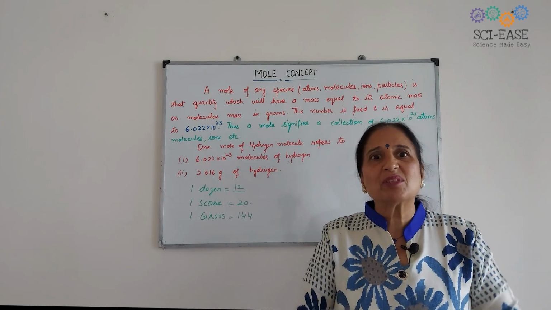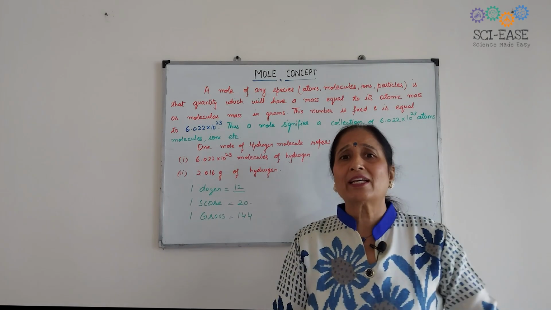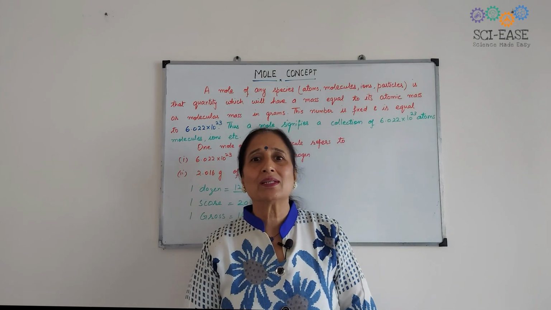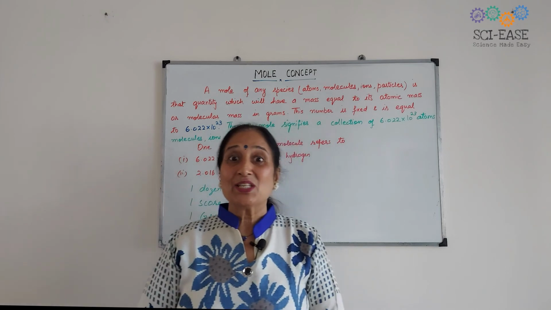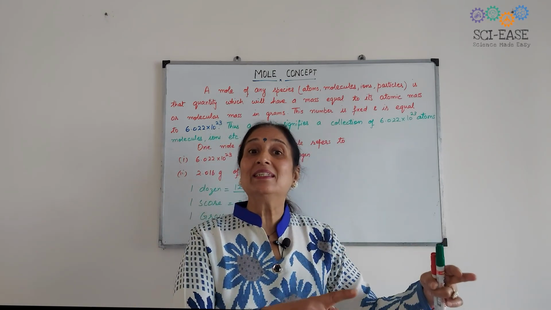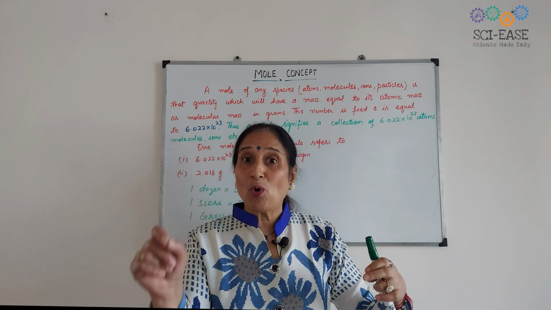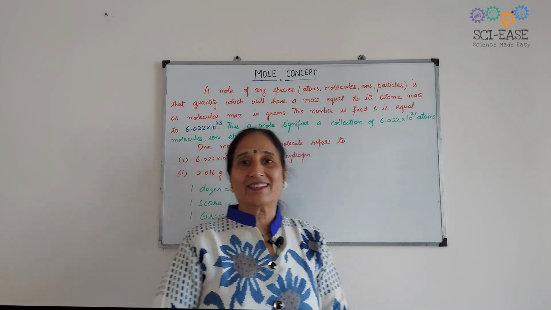You will say atoms are even smaller than molecules, and this is next to impossible. I can't count hydrogen and oxygen atoms in this drop of water. So, how can we count these atoms or molecules or ions in any substance?